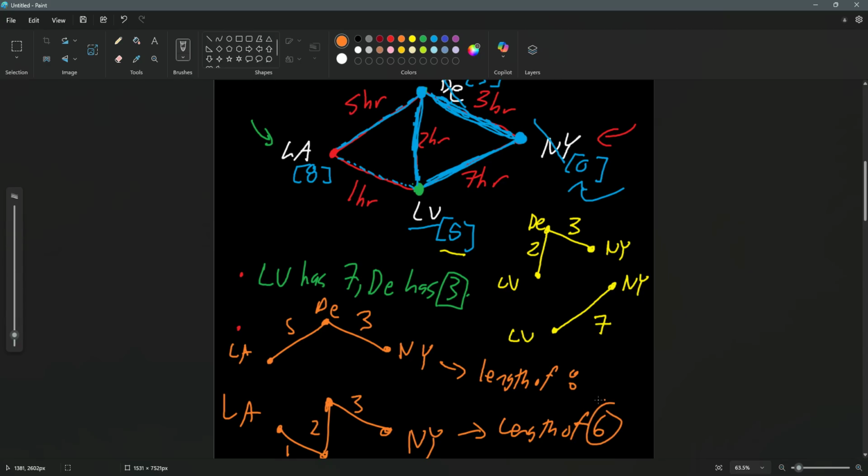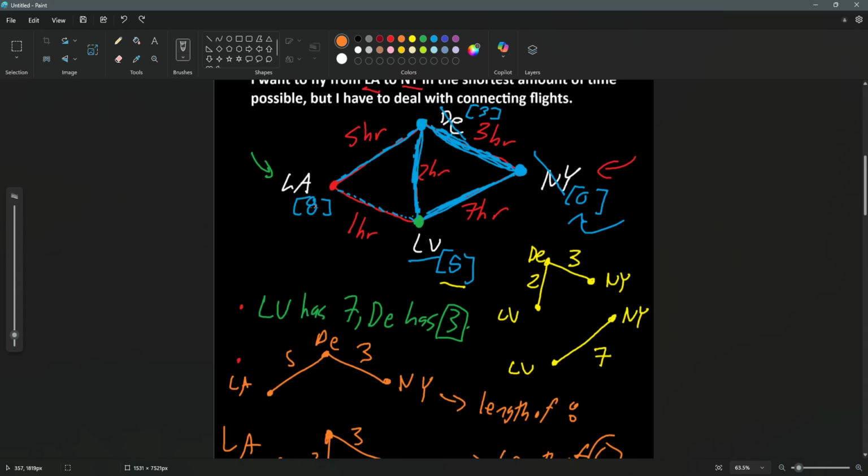Good. 6 smaller than 8. So what we're going to do is that we're going to replace this number with our new smaller number that we found, which is 6. Right, and then we're done talking about this.